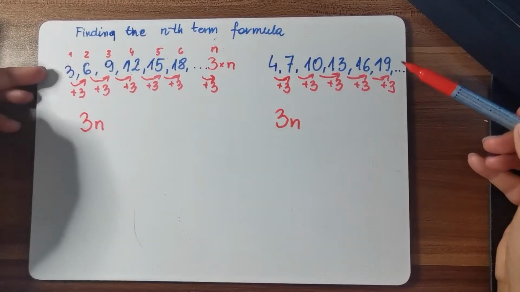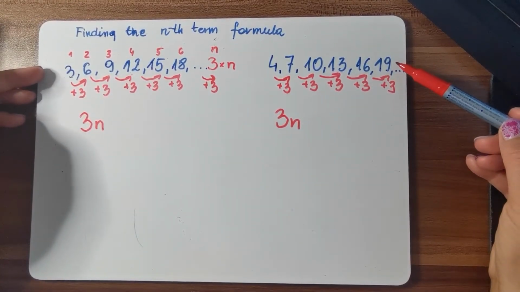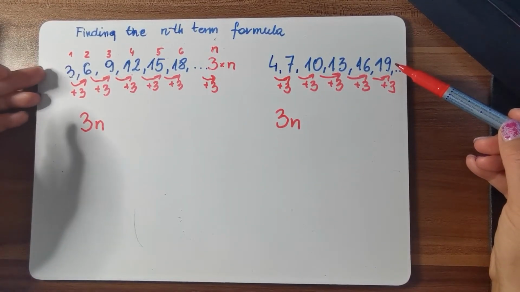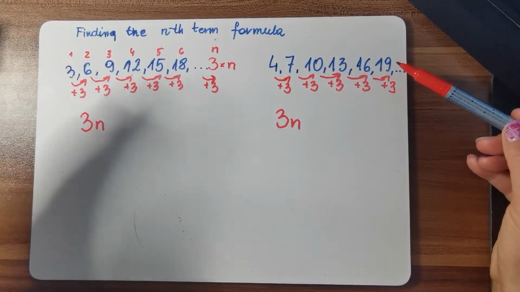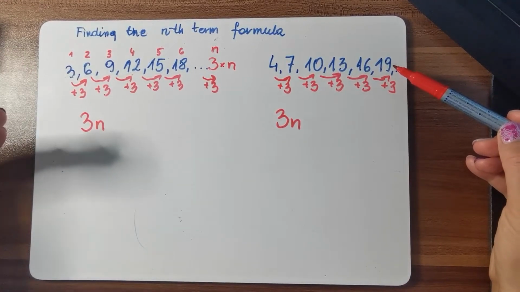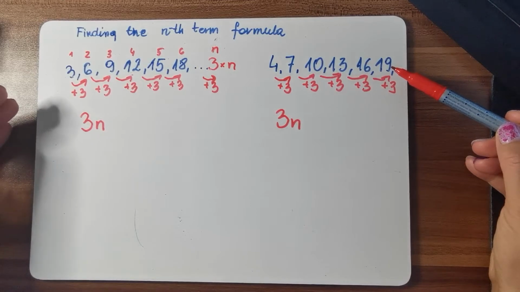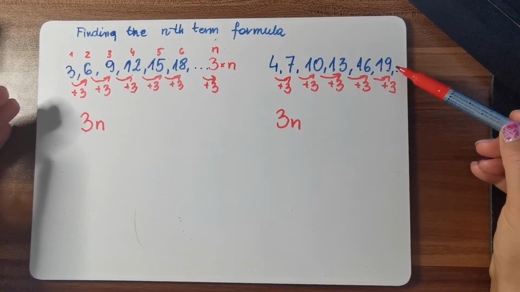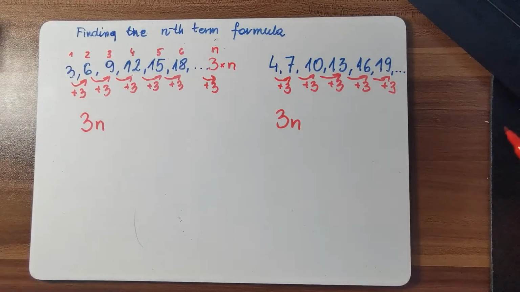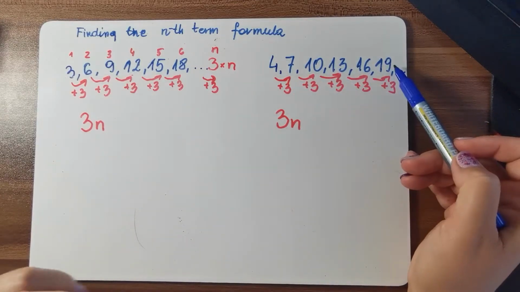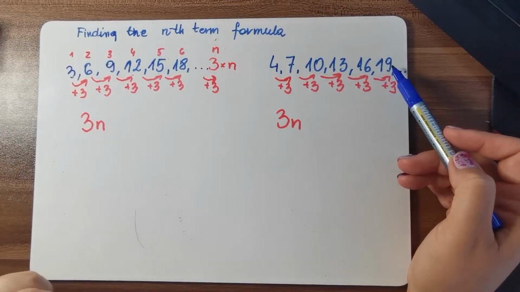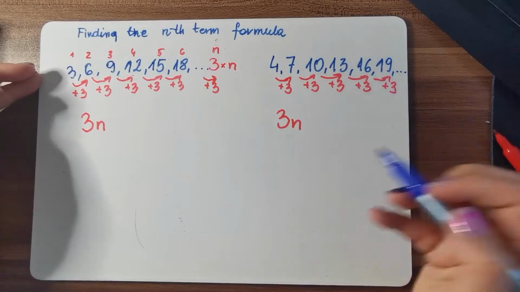But we see that we have different terms in our sequence than here. So it means that we have to add or subtract some number from our 3 times table to get the terms of this sequence. So we will compare the terms in our sequence with the 3 times table.